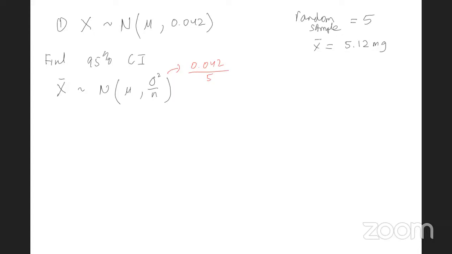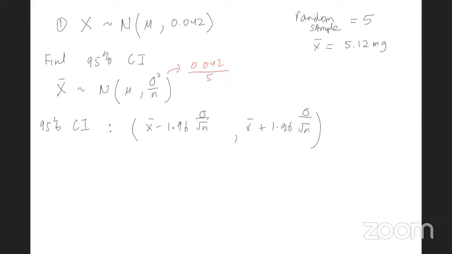Now, we want to get a 95% confidence interval. Go back to the formulas that I just wrote, and you would see that it is x bar minus 1.96 by sigma on root n, x bar plus 1.96 by sigma on root n. I want to ask something.